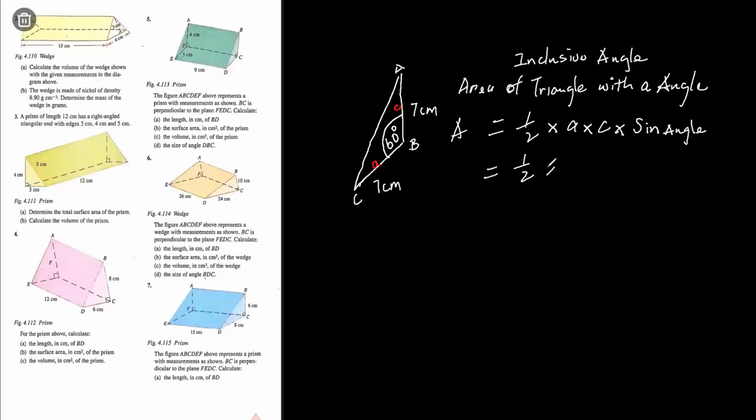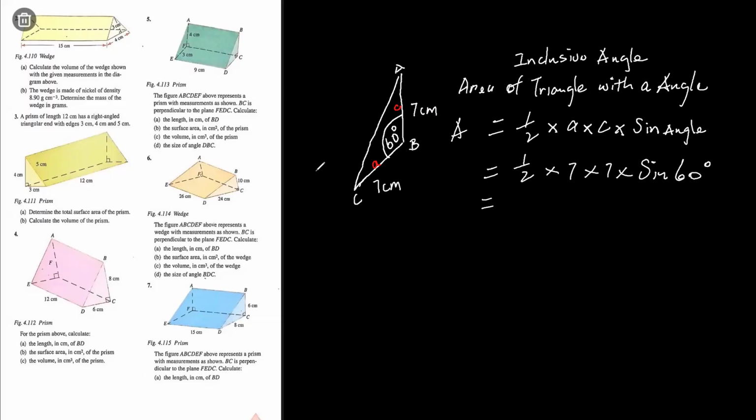It's always like this: half times A times C times sine of 60. So this is for the area of a triangle with an angle. Many teachers forget to teach this, because they don't even teach this part. All right, somebody give me an answer.